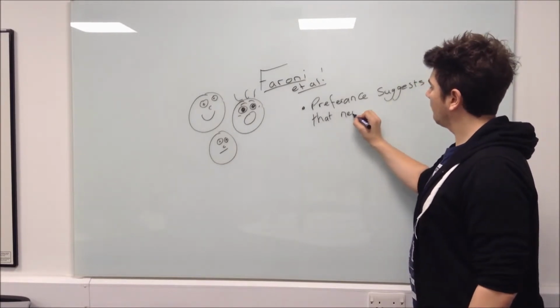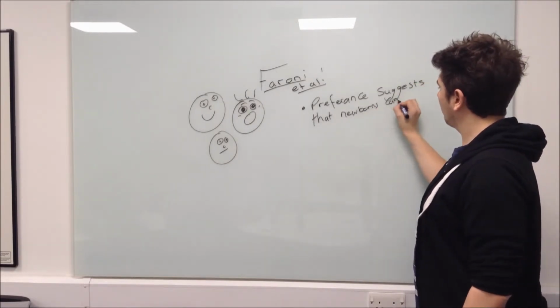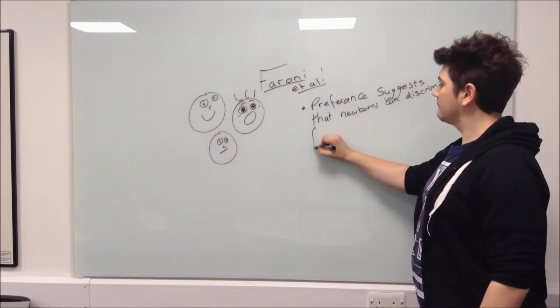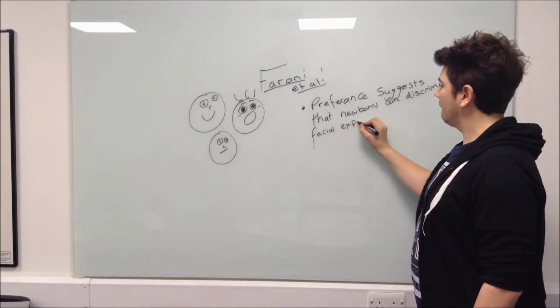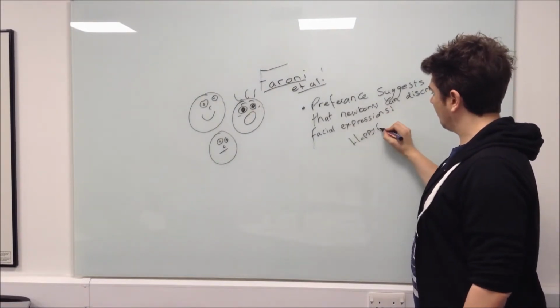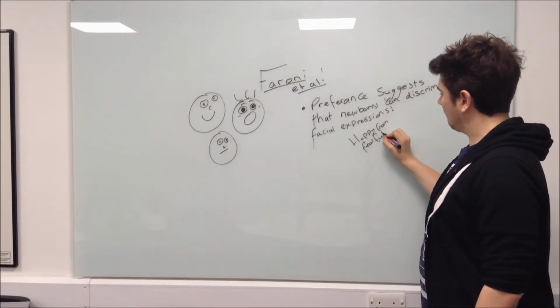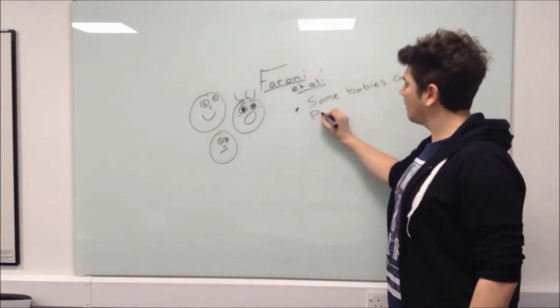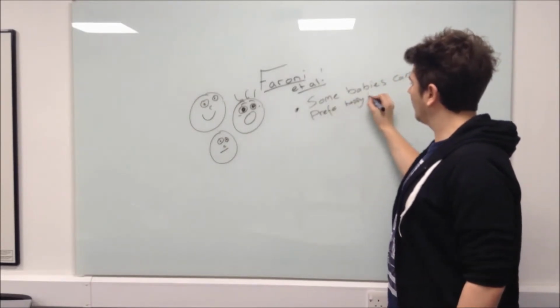They found that when comparing a happy face to a fearful face, newborns looked longer at the happy one. This preference suggests the ability in newborns to discriminate between facial expressions, i.e., happy faces from fearful faces. However, the study found no discrimination between fearful faces and neutral ones. This suggests that some facial expressions are preferred by newborns.